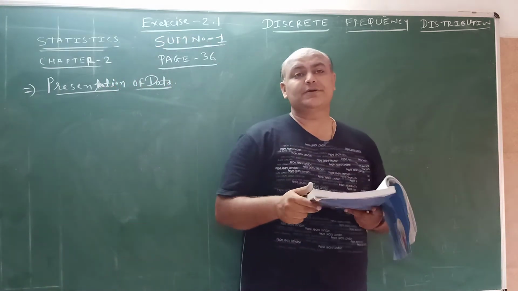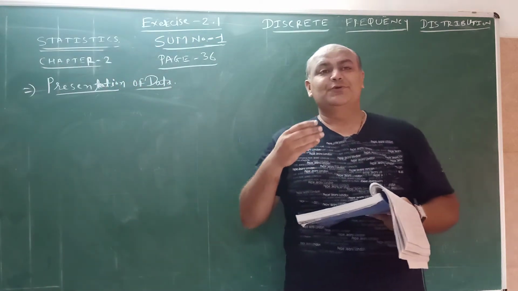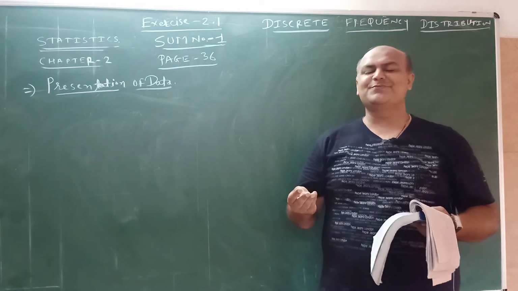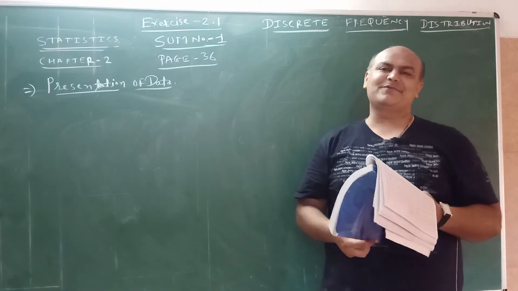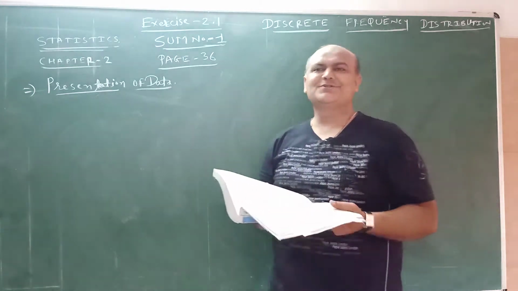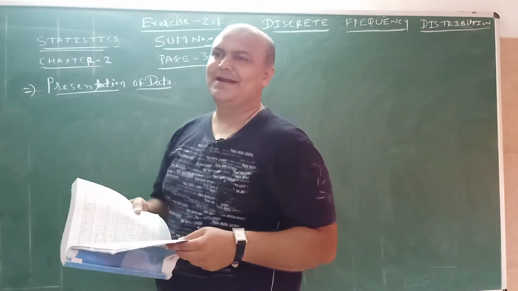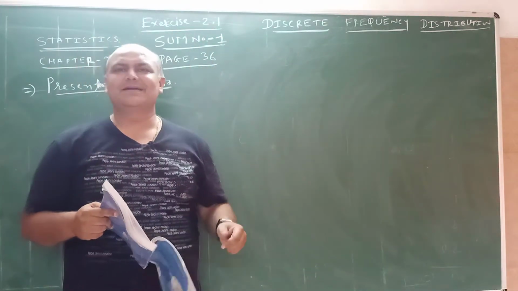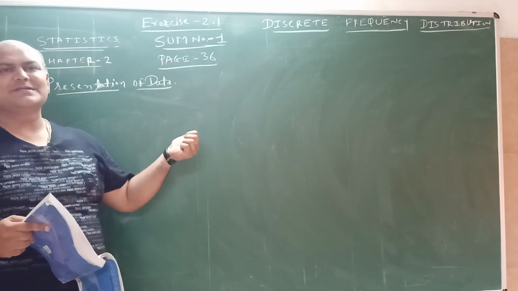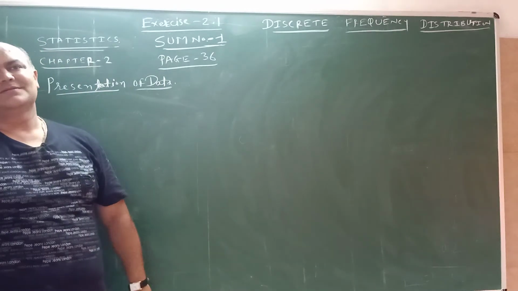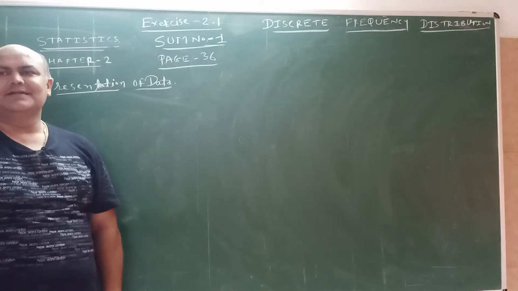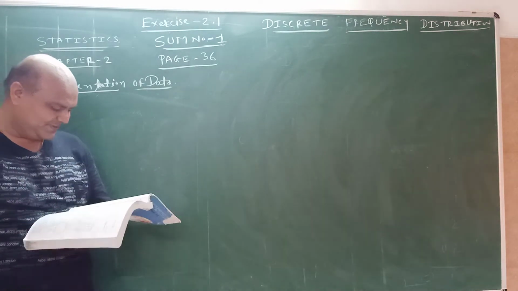See, they are not saying to prepare the discrete frequency distribution or continuous frequency distribution. It is on us. We have to decide, my dear friends, whether we have to prepare continuous or discrete. Sir, how can we decide it? That I explain you right now.